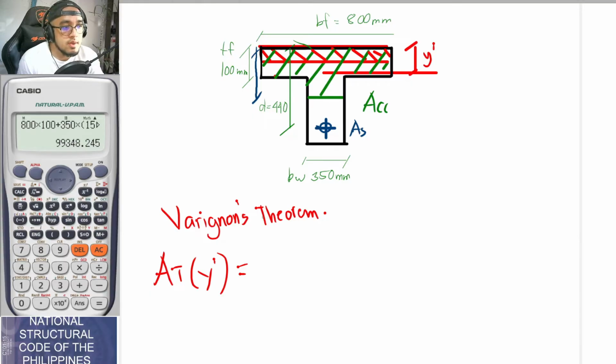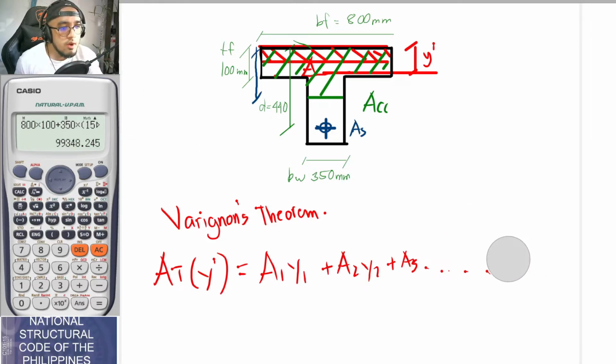So with that, this is equal to A1 Y1 plus A2 Y2 plus A3 Y3, etc. But since we only divided this area into 2, so area 1 Y1 plus area 2 Y2. That is enough already.